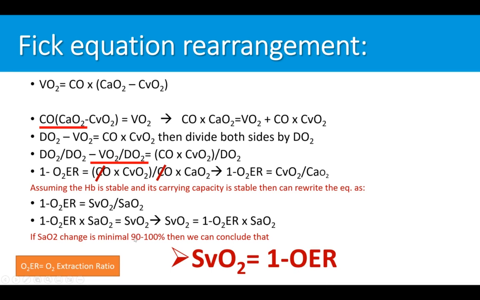And we're assuming that the arterial oxygen saturation is above 90%, so we can utilize it in a way that mixed venous saturation would be 1 minus the oxygen extraction ratio.